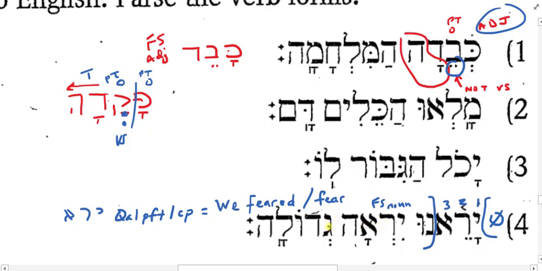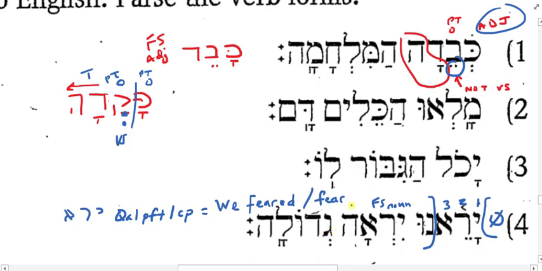Notice it follows the noun. It agrees with it in gender, number, feminine, singular, and definiteness. Both are not definite. So what type of adjective is this? It's attributive. So it's telling me what kind of fear. Great fear. So we feared great fear.